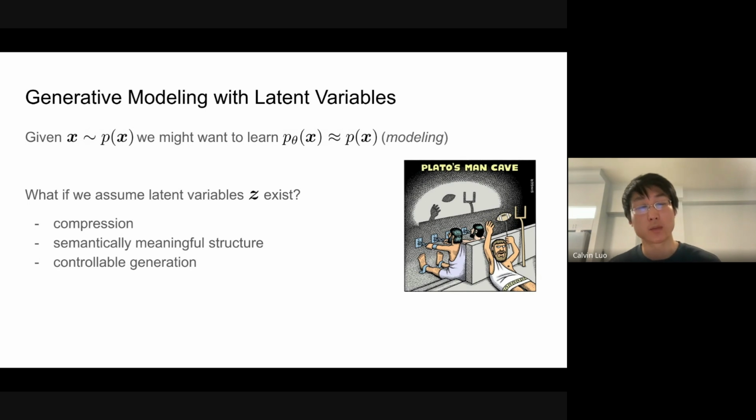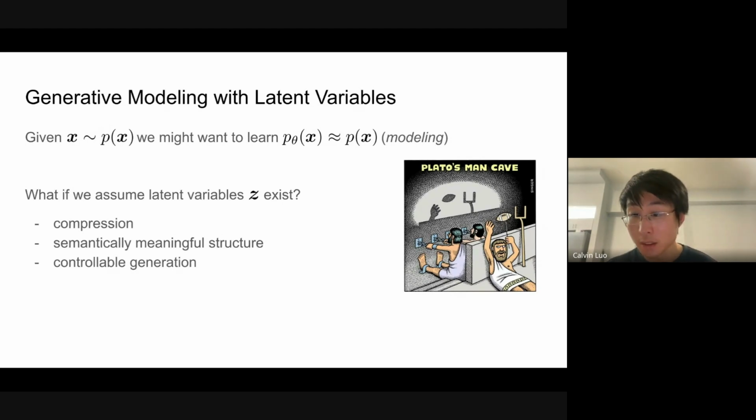And hopefully once we compress, we're learning to compress it in some semantically meaningful structure. If this is true, then we can perform some sort of controllable generation, where we manipulate some of the values of the latent variable and decode back into an image that has changed in a way that we like.